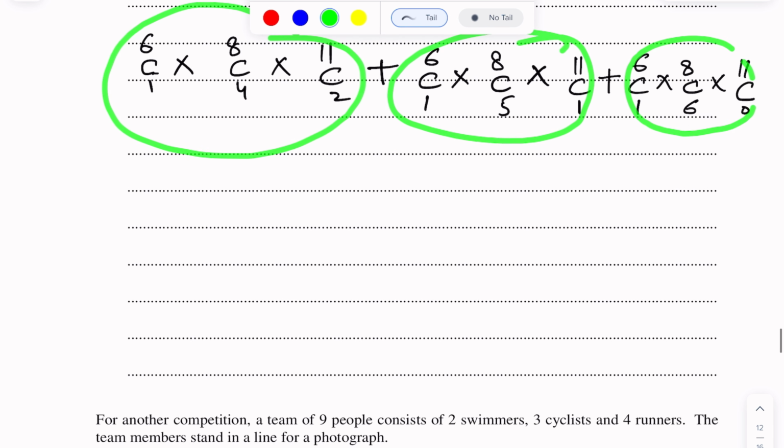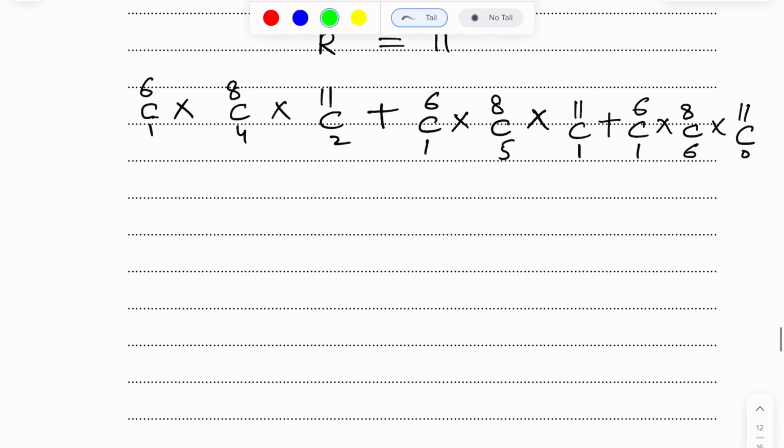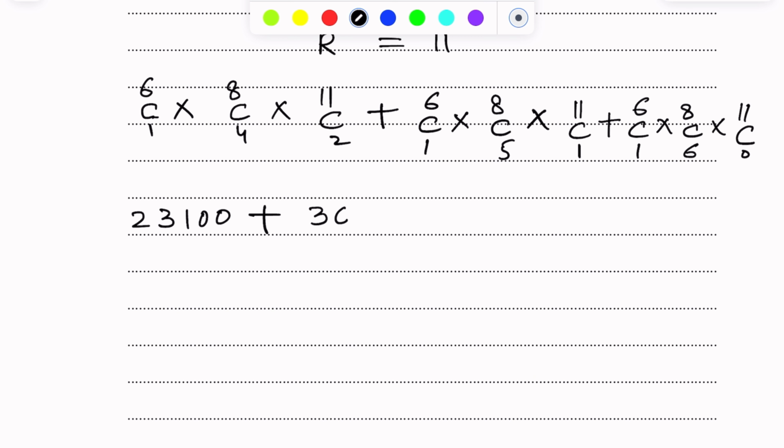Now we will use the calculator to find these values. The answer of the first option is 23100. The second option is 6C1, 8C5, 11C1. The answer of the second option is 3696 using the calculator.